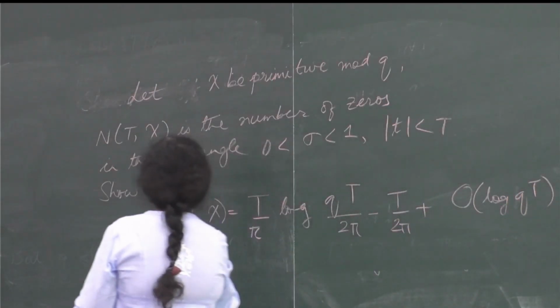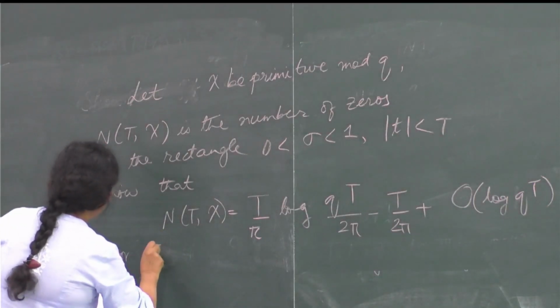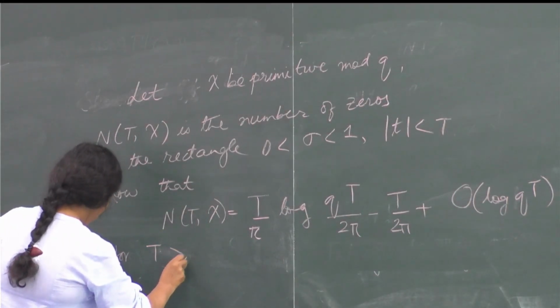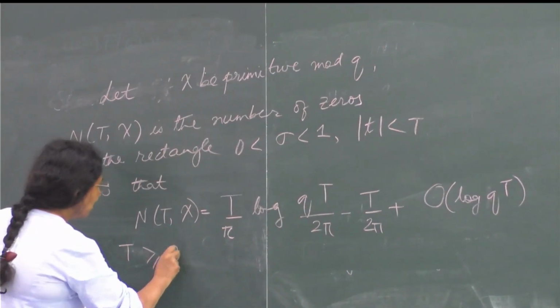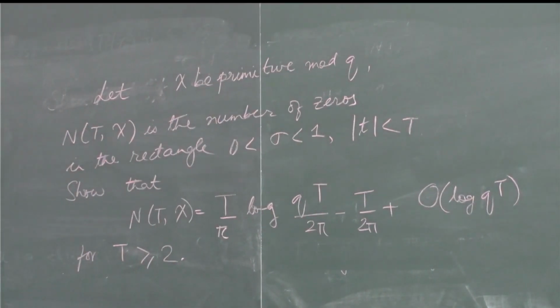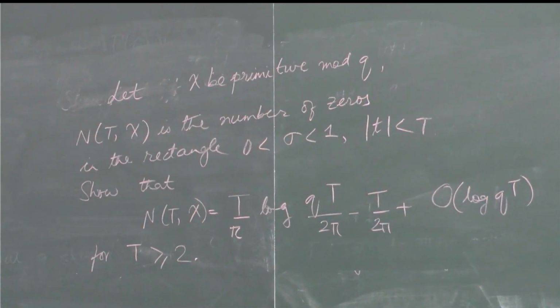And here T has to be at least 2. So if you have not seen the proof for the Riemann zeta, then you can also do this for the Riemann zeta. I mean, I don't mind. It's about the same. It's not so different as a proof. So can you make an attempt to prove this?